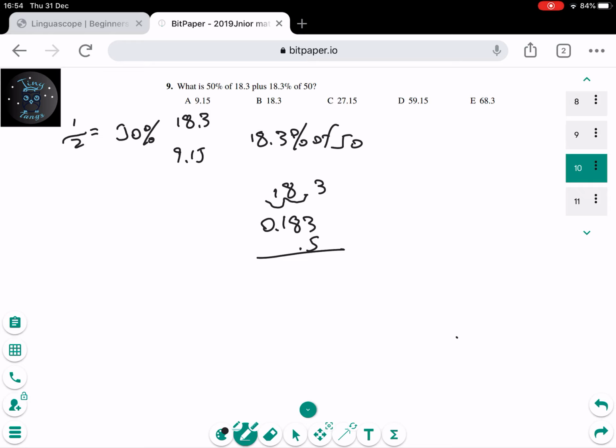So 3 times 5 is 15, you write 5 and put 1, and 5 times 8 is 40, so it's 41, and 5 times 1 is 5, and you add to 9. So the answer is 915. But we need to put 3 decimal places, and we forgot the 0 here. So the answer becomes 9.15. So 9.15 doubled, because we need that answer and that answer, equals 18.3, which is B.